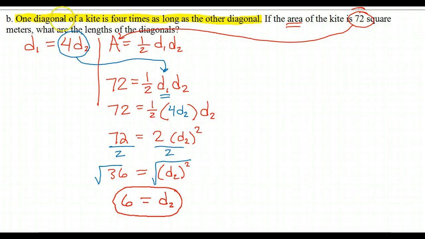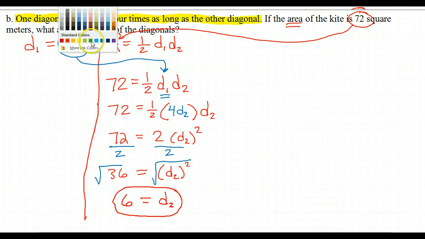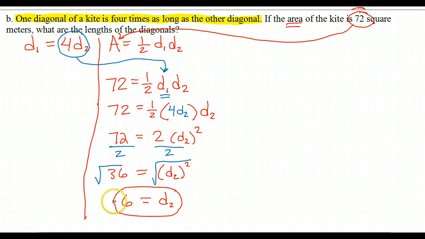Alright, we're supposed to find the length of the diagonals, so we're supposed to find both diagonals. So far we found diagonal 2. So now we will find diagonal 1. But we can do that by taking the answer that we just found. We just found diagonal 2.